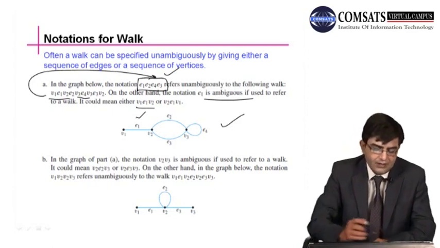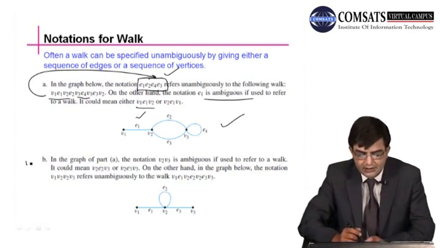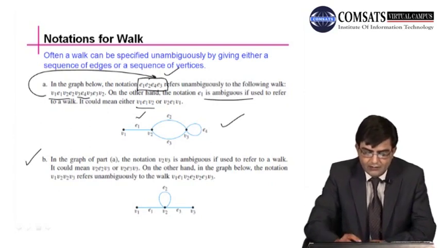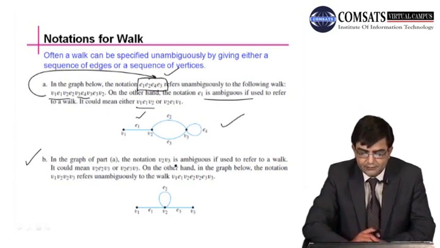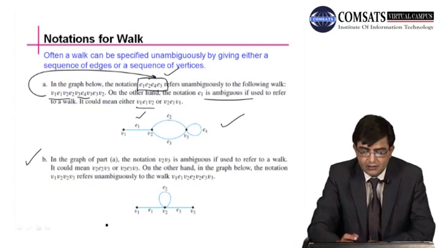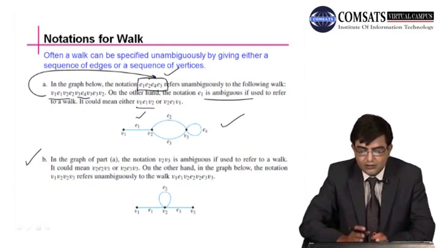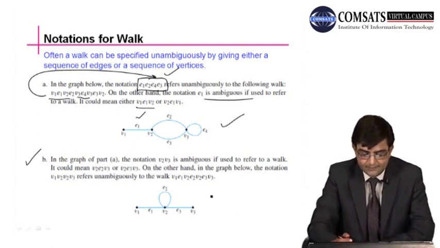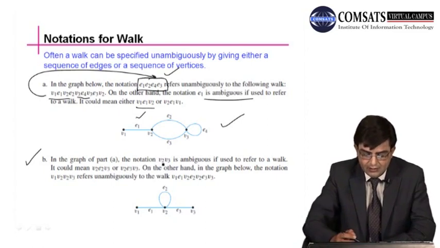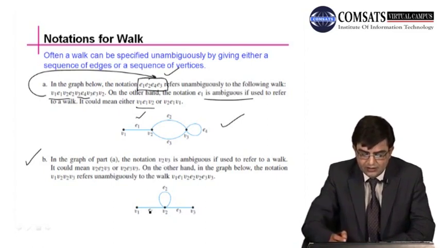In this graph, in part B of this example, the notation V2, V3 is ambiguous. If instead of an alternating sequence of vertices and edges we write only the vertices V2, V3, then what does it mean? It could be V2, E2, V3, and it could be V2, E3, V3.